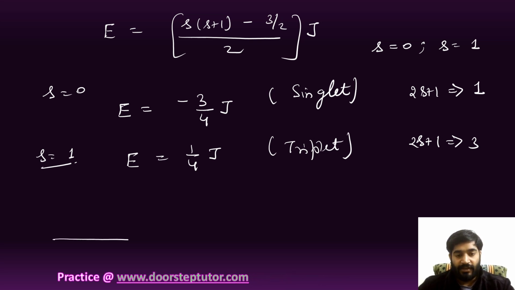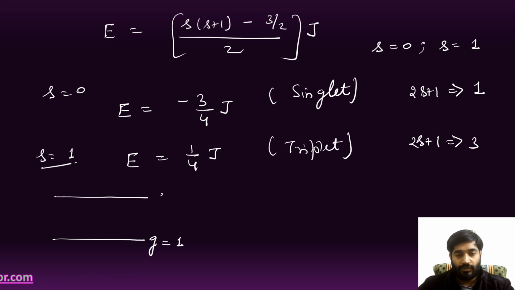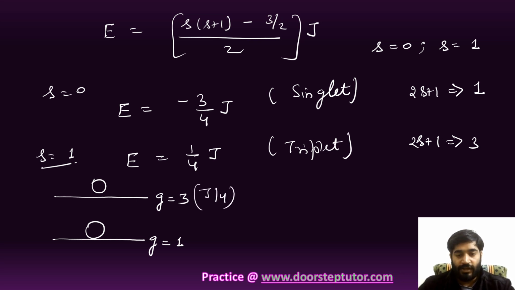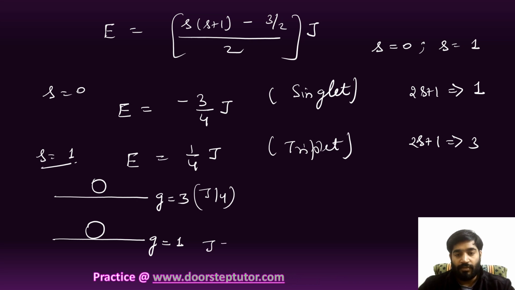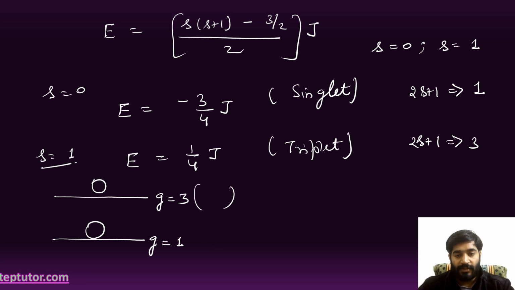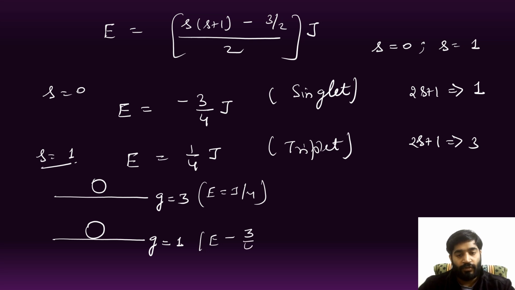So it is something like g equals 1 and g equals 3. g equals 1 has one state on each side, with energy equals J by 4 for this one, and energy equals minus 3 by 4 J for the other.